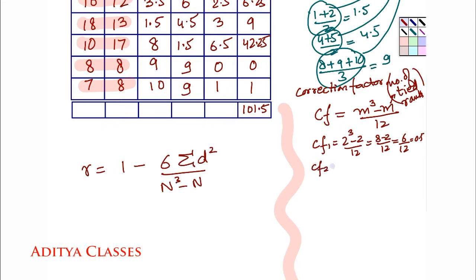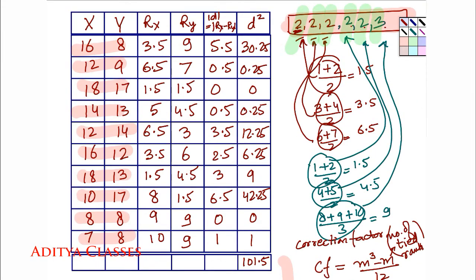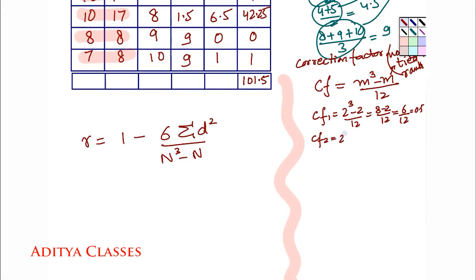Similarly, when I apply the correction factor a second time, again it is for 2 ranks, so again 2 cube minus 2 upon 12, giving me 0.5.